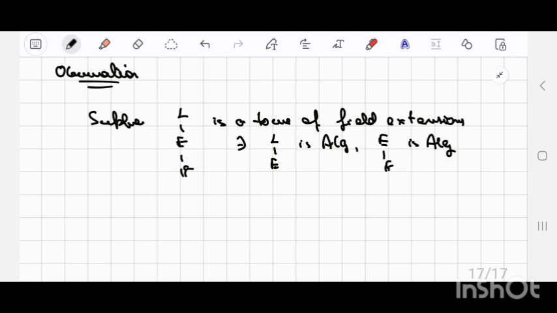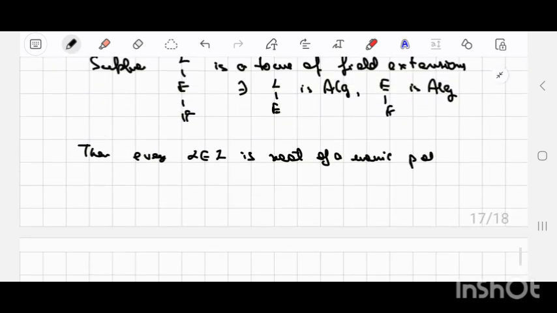Clear? Then every alpha in L is a root of a monic polynomial over E, let's say x to the power m plus a_(m minus 1) x to the power m minus 1, and so forth till a_0, in E[x], sorry.